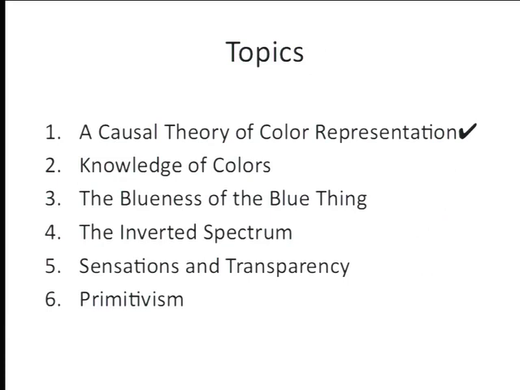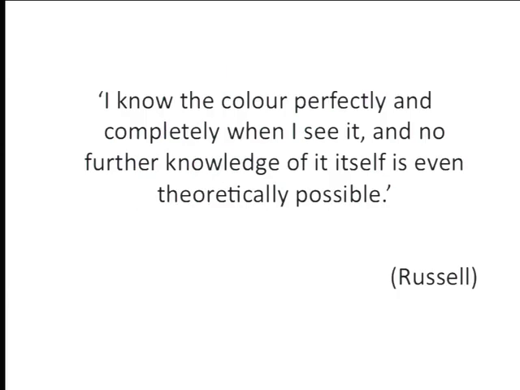I just want to try and get a fix on this question because I think this is extremely confusing. I think Russell articulated one idea about colours when he said, I know the colour perfectly and completely when I see it, and no further knowledge of it itself is even theoretically possible.